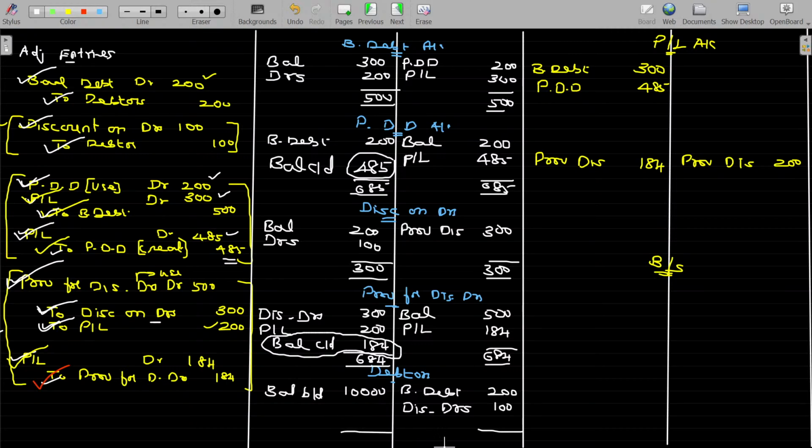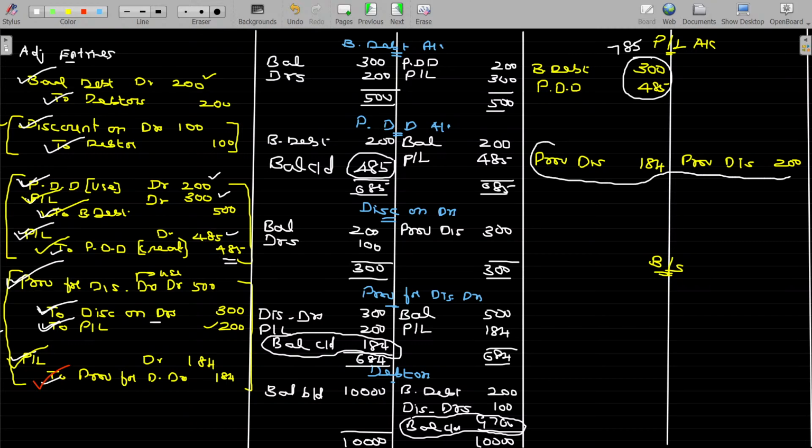And if I tally the debtors, this balance being 9,700 balance carried on. Now, the ultimate value being 785 debited in the P&L account.